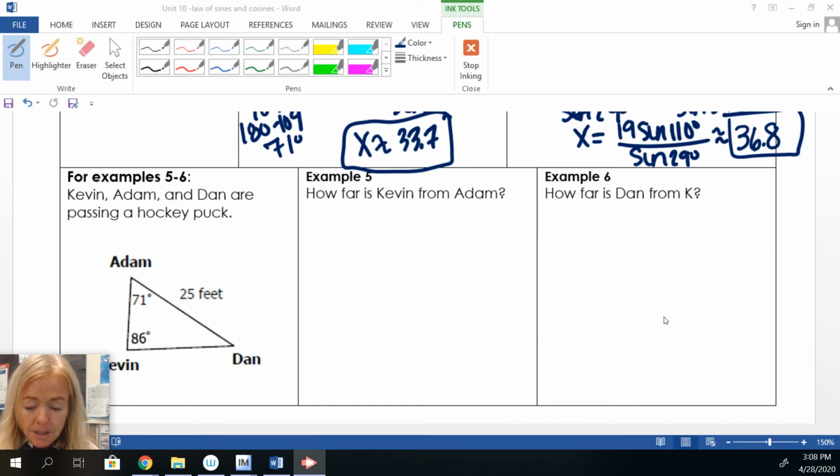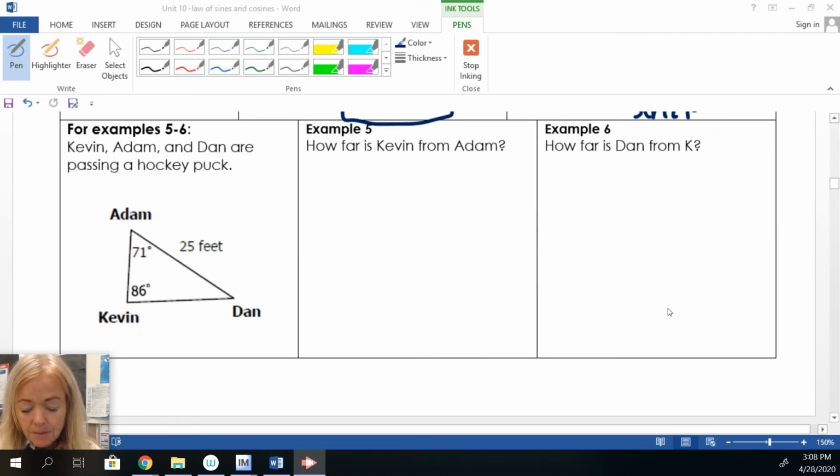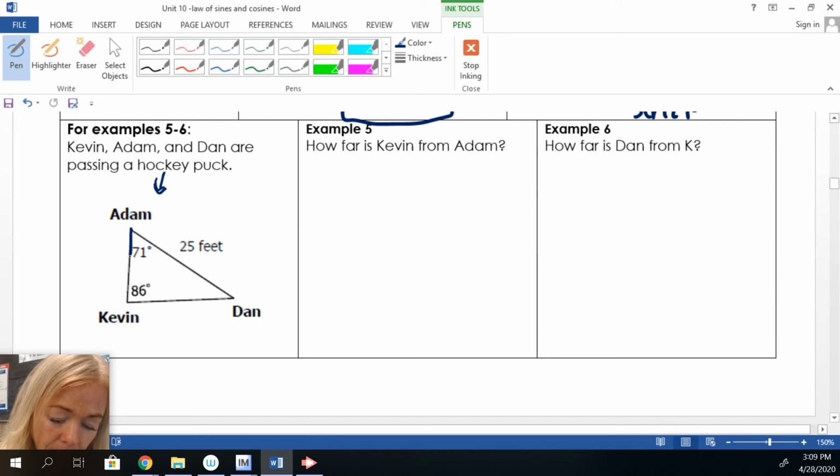So Kevin, Adam, and Dan are passing a hockey puck. This is the picture that you're going to use for examples 5 and 6. Example 5 says, how far is Kevin from Adam? So Kevin from Adam is right there. Now I can almost guarantee I'm going to need to know that other angle. 71 plus 86 is 157.